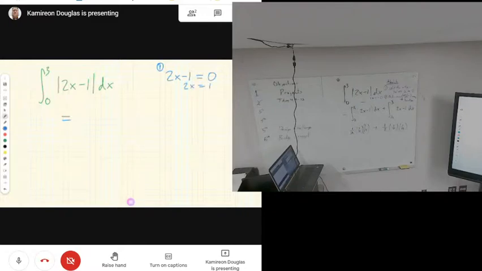Divide by 2, I get x equals 1/2. This is my split, and it's the first thing I decide. I then rewrite the integral as between 0 and 1/2 of 2x minus 1, and between 1/2 and 3.